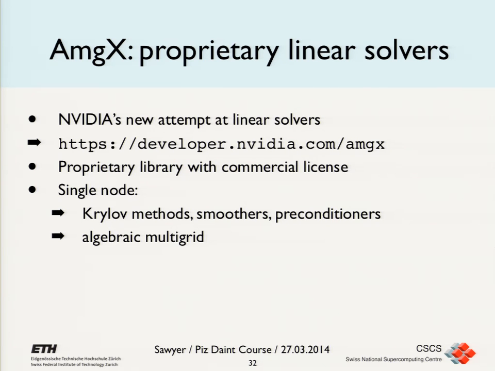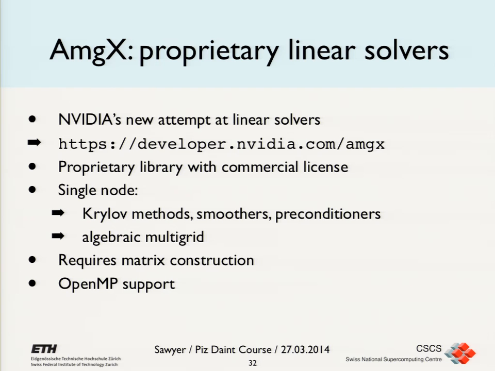If you don't know this technique, it's a very effective way. With multigrid, you usually have to know something about the structure of the underlying grid. Algebraic multigrid is a way to avoid that and try to extract the structure out of the matrix. It still requires you to construct the matrix. It's a fundamental deficiency in the library. It has OpenMP support, and it does have MPI support too. It should do multi-node.